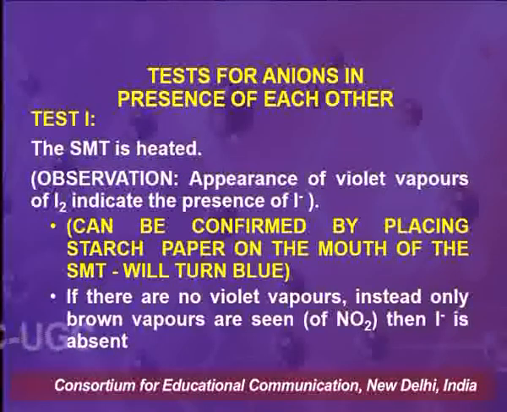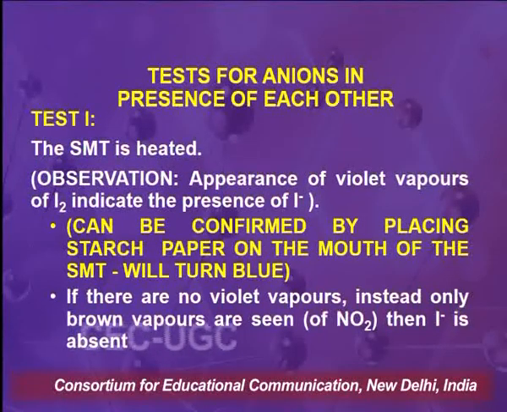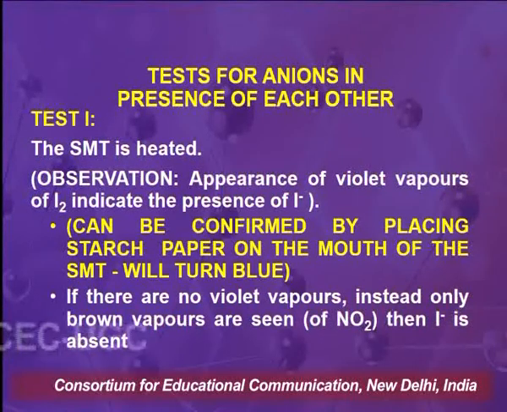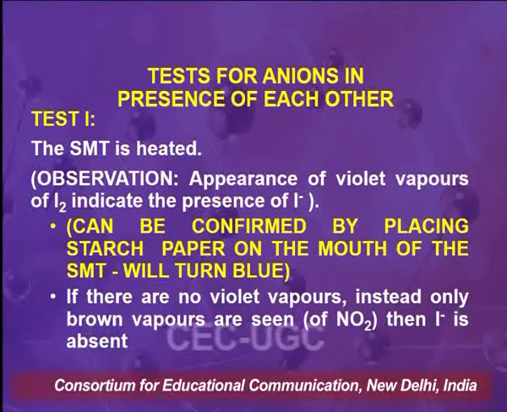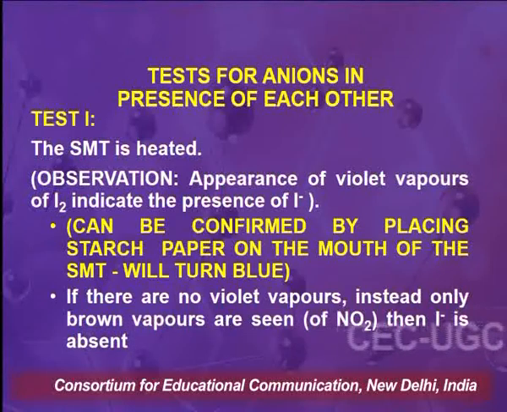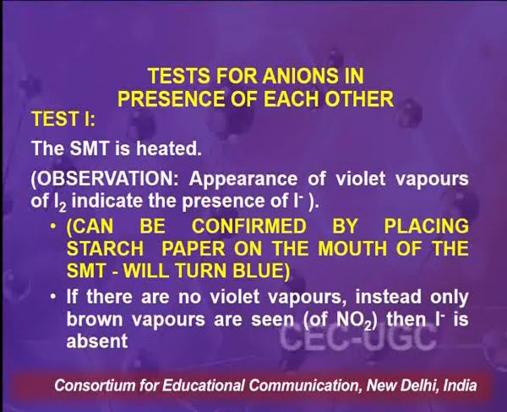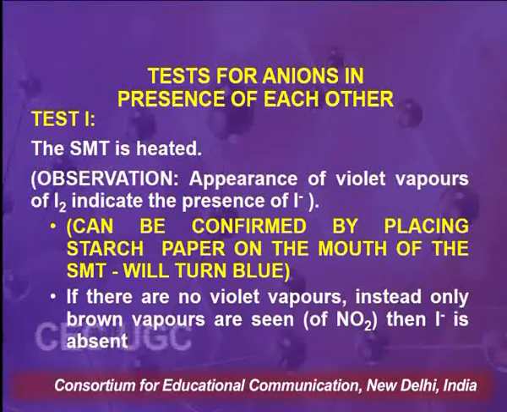Iodide is the first one to get oxidized to iodine, since iodide has the largest size, and ions which have large sizes tend to get oxidized easily, that means tend to lose electrons easily. So iodide gets oxidized first to iodine and there is an appearance of violet vapors.